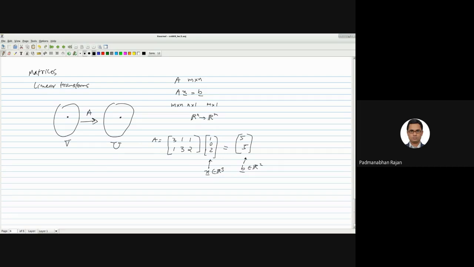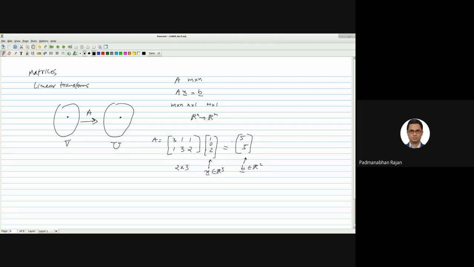Okay, so suppose you do this transformation. This was just an example. This transformation is basically a 2 by 3 matrix, right? So this is from R3 to R2. For example, you must have heard of principal component analysis, PCA, right? PCA is commonly used to reduce the dimension, or there are other techniques also to reduce the dimension.